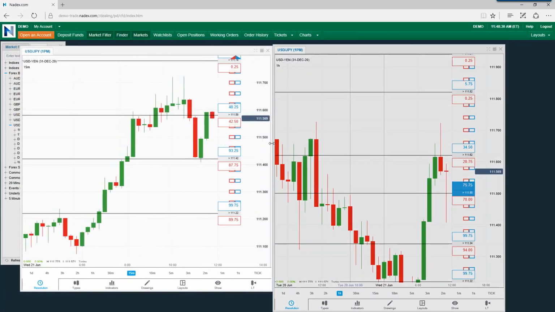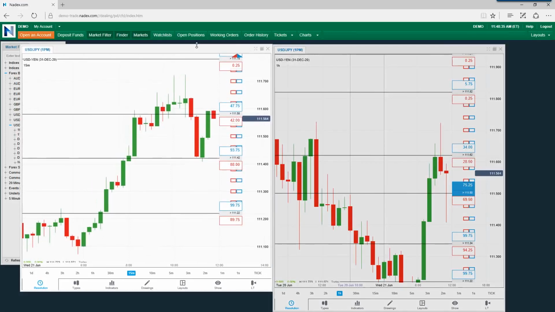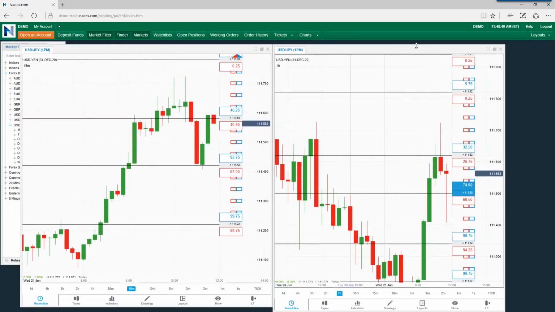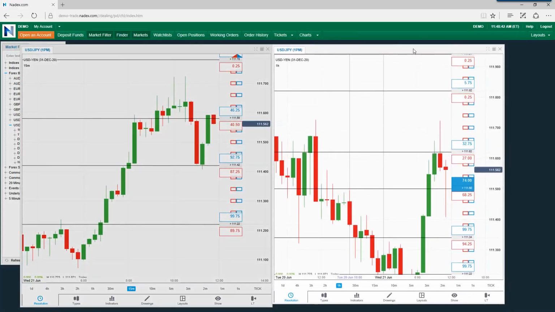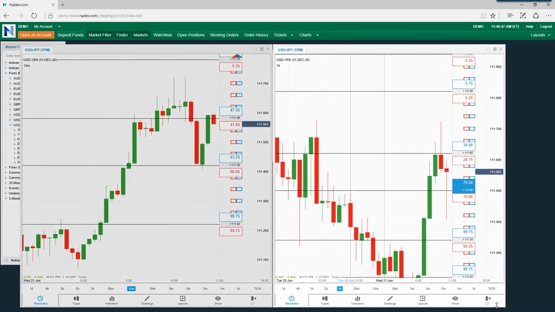Is the 15-minute confirming what we're seeing on the 60-minute right now? Why not? This one is actually going down. Do you think it will change this bar within the next 10 minutes?